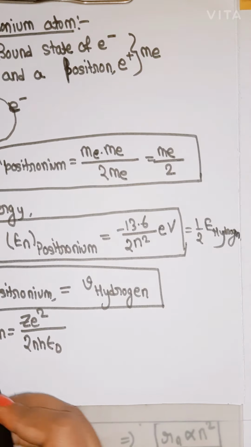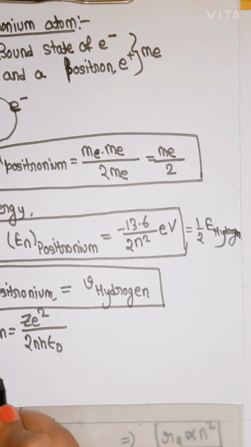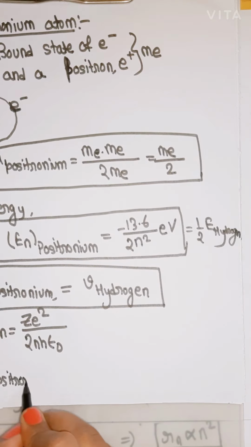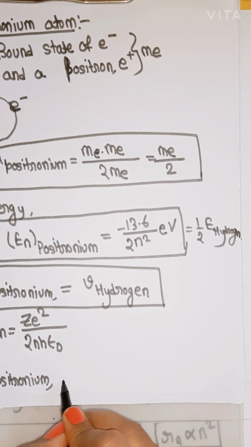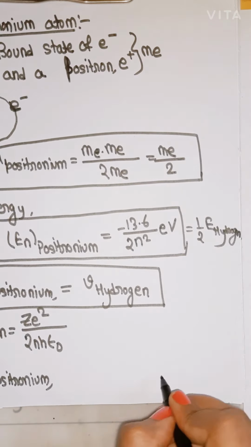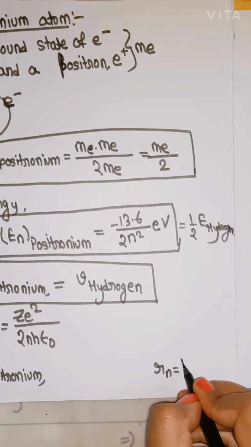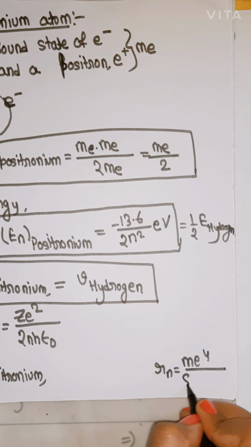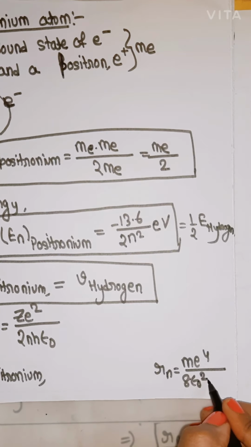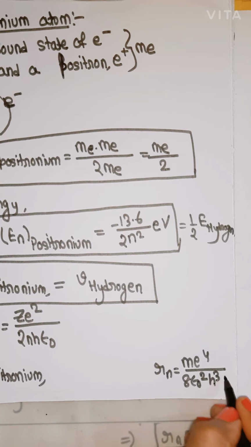And if we see the radius of positronium, we know that Rn is equal to m e to the power 4 by 8 pi epsilon naught square h cube c.